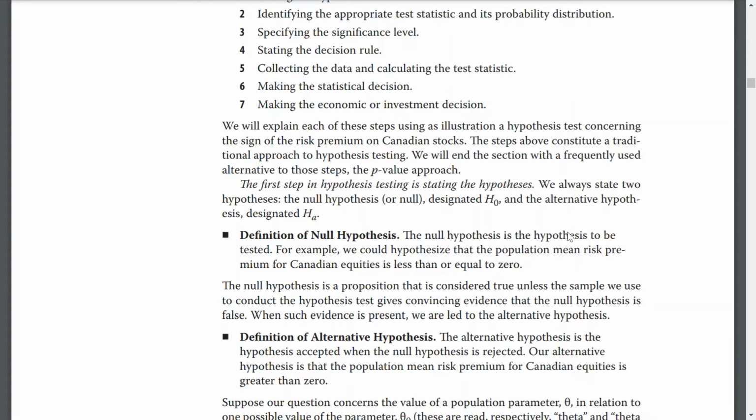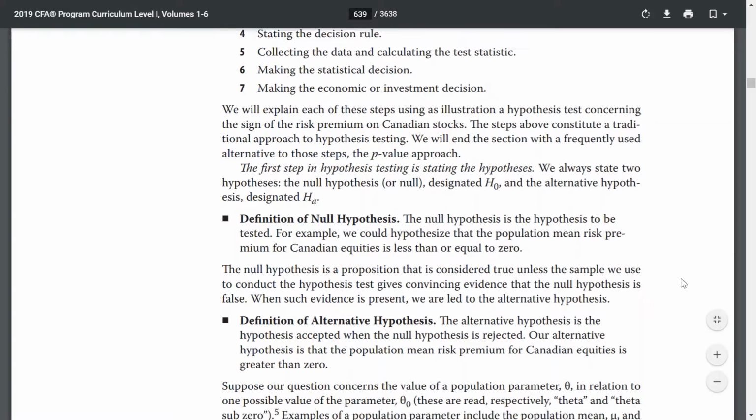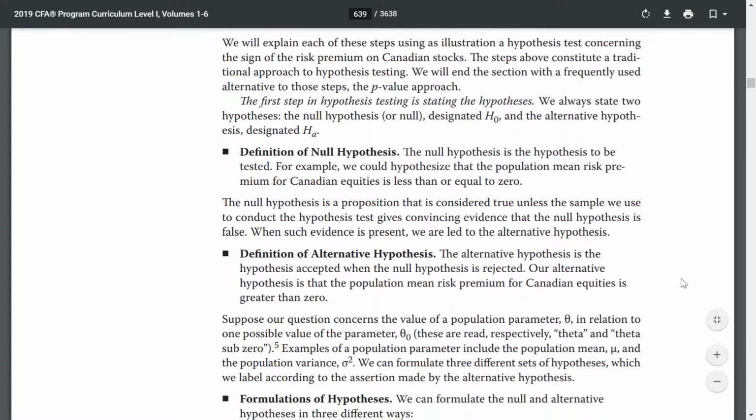Definition of the null hypothesis. The null hypothesis is the hypothesis to be tested. For example, we can hypothesize that the population mean risk premium for Canadian equities is less than or equal to 0. The null hypothesis is a proposition that is considered true unless the sample we use to conduct the hypothesis test gives convincing evidence that the null hypothesis is false.